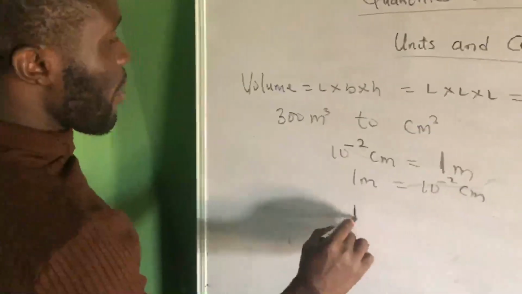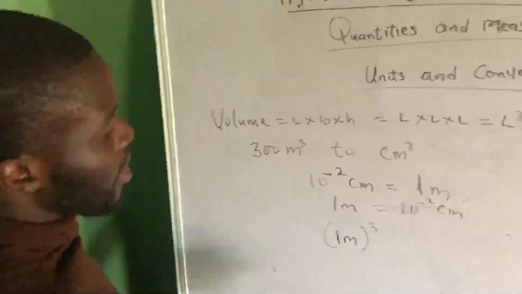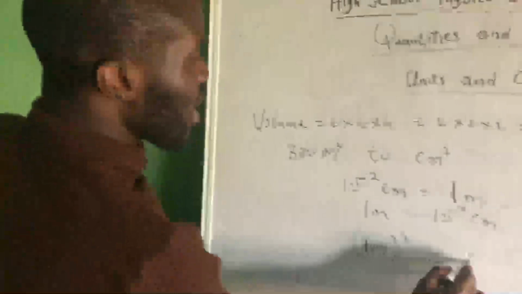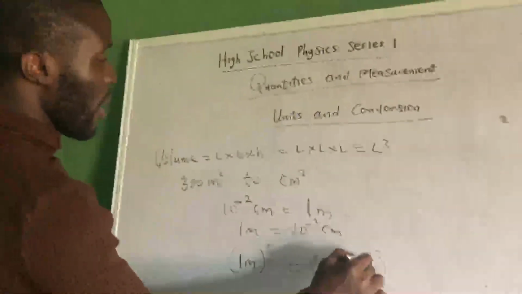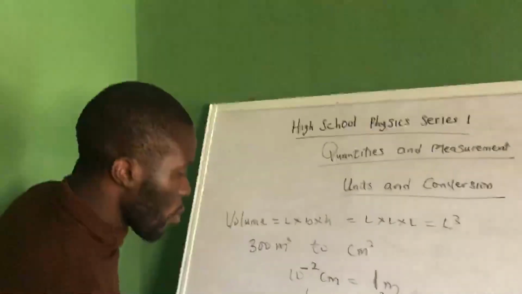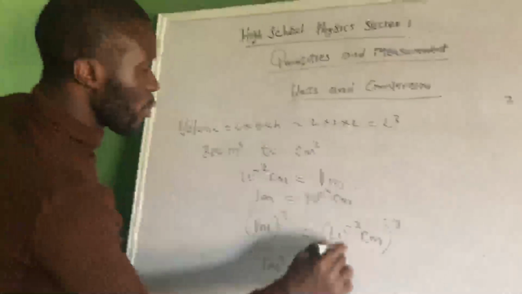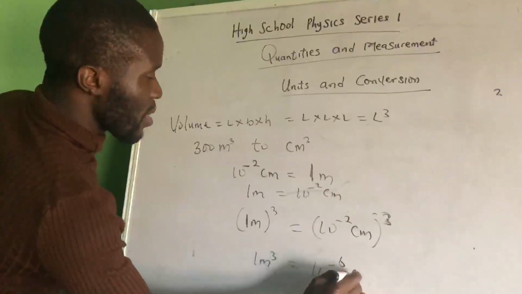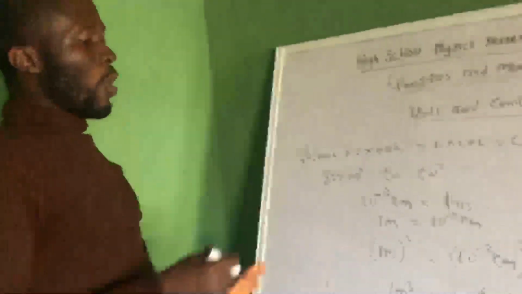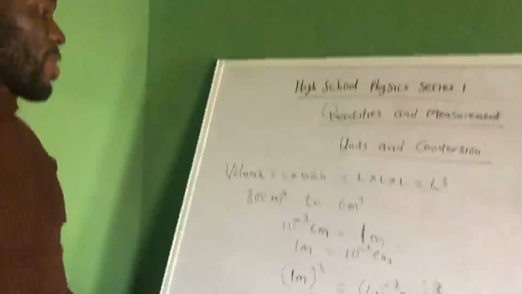So that will be 1 meter raised to the power 3, that is 1 times 1 times 1, equals 10 raised to the power 2 centimeter raised to the power 3. This is 1 meter cube. It will be 10 raised to the power 2 times 3, that is 6, centimeter cube. Now we have done volume conversion. 1 meter cube is 10 raised to the power 6 centimeter cube.